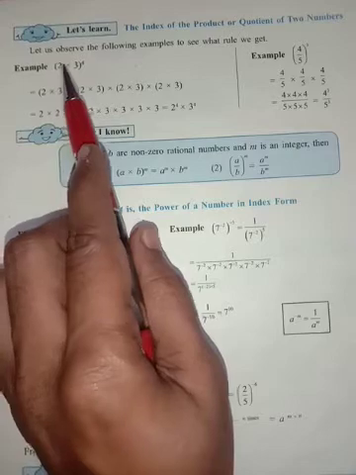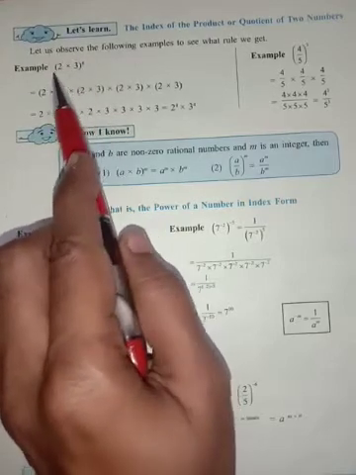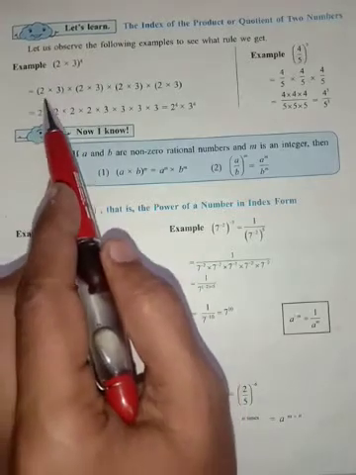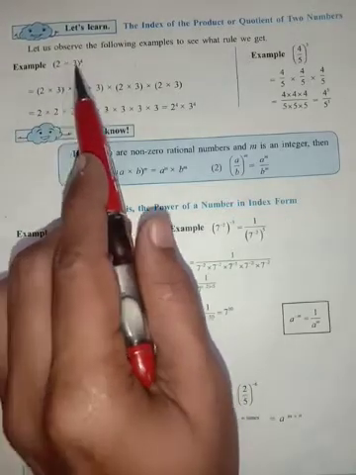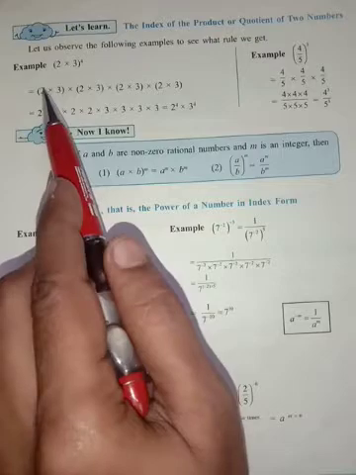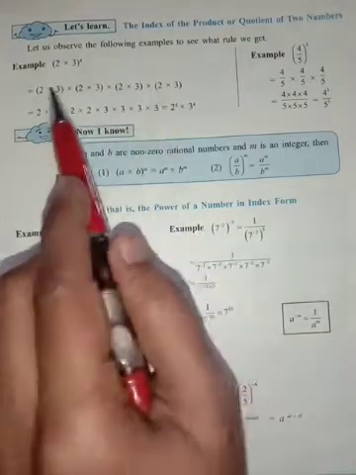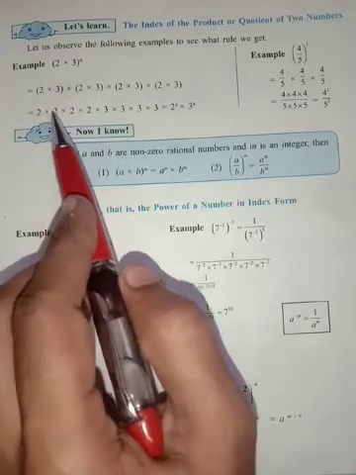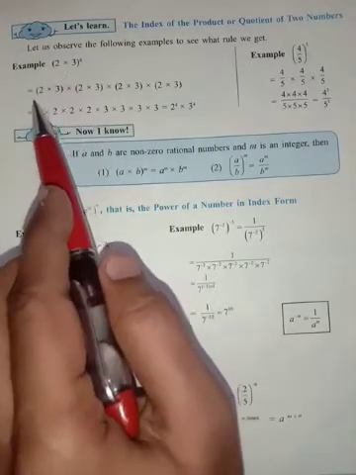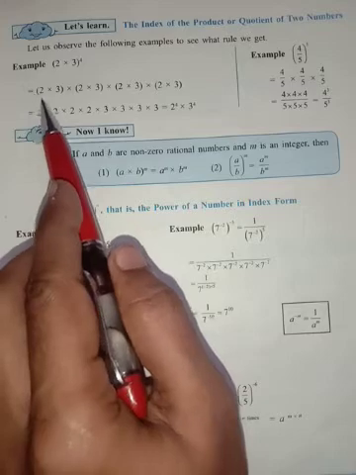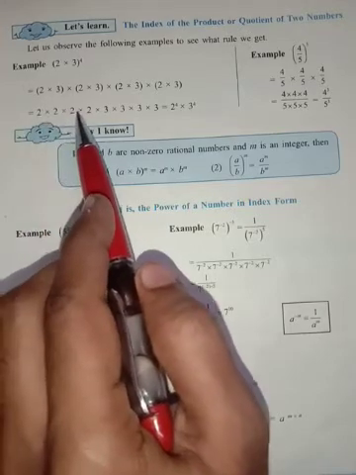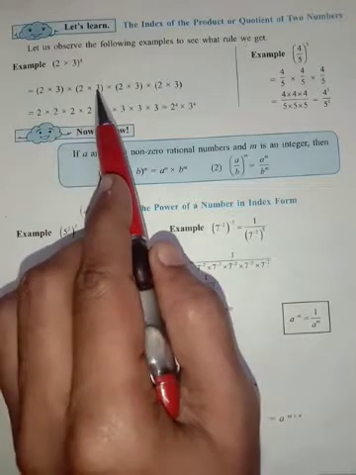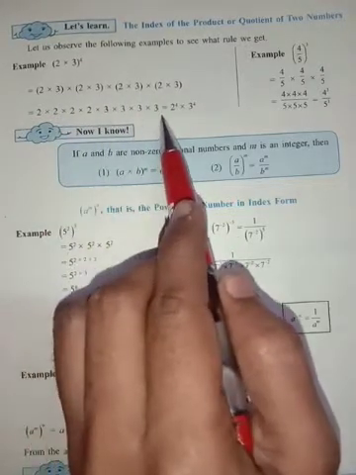So if we simplify this example, we get it is 2 multiplied by 3, 4 times. So it is 1 2 3 4, 4 times 2 multiplied by 3. If we take common one side, we will get 4 times 2 and 4 times 3.